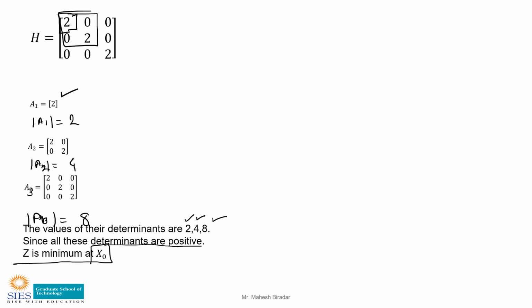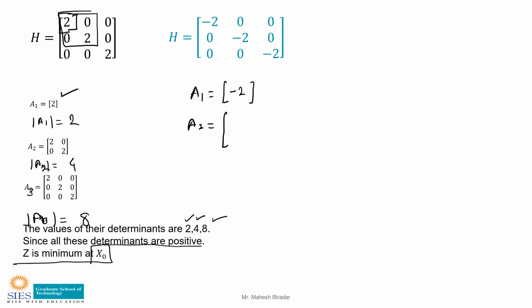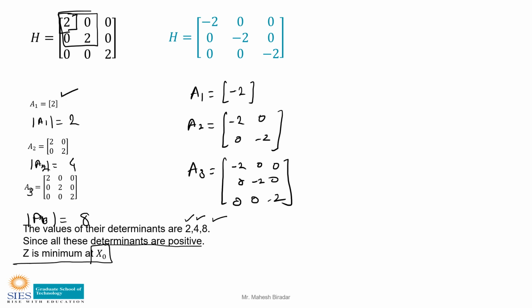So this is another way of defining whether the function is maximum or minimum at the critical point. Second example is this. The same example I have carried over here. So here A1 is minus 2. If you write A2, which is minus 2, 0, 0, minus 2, and if you write A3, that is the whole matrix, minus 2, 0, 0, 0, minus 2, 0, 0, 0, minus 2, and if you find the determinants, they are negative 2, then positive 4 and negative 8.